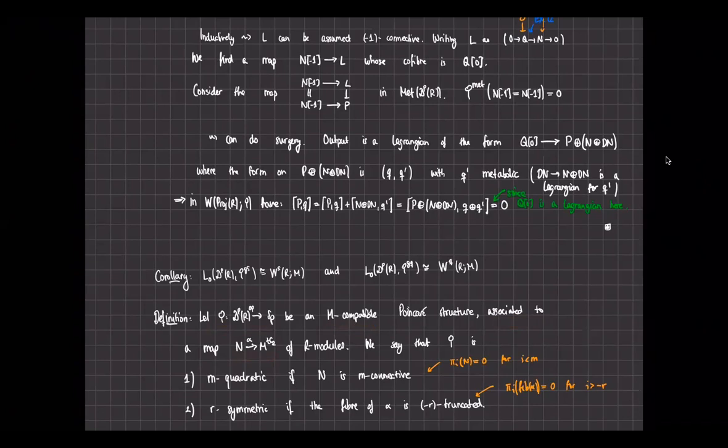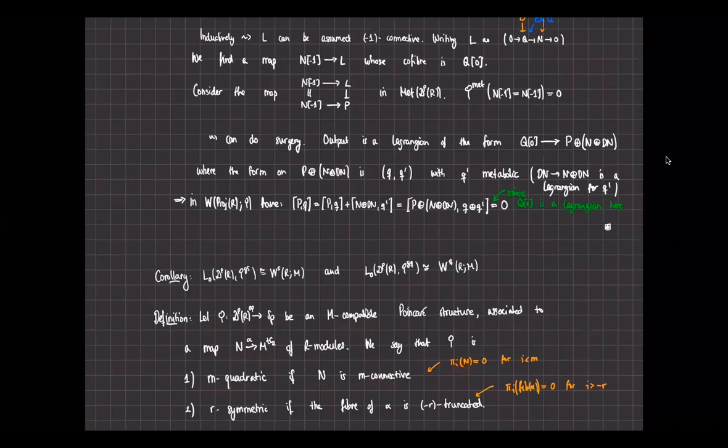We said every compatible Poincare structure is determined by an R module N together with a map to N to the Tate C2. And now we say that Q is n-quadratic if N is n-connective, okay?